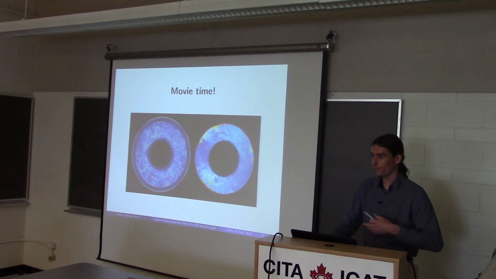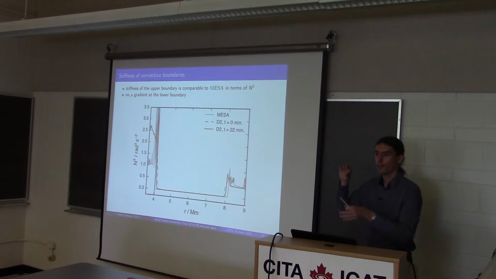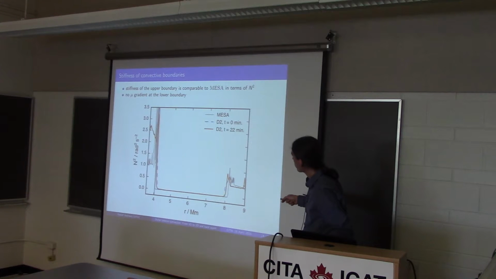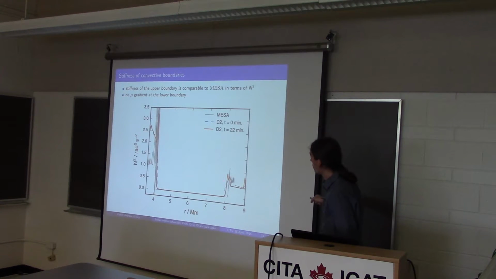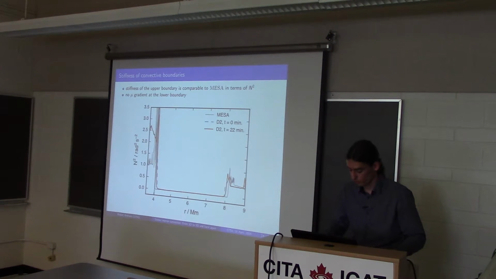You know that every time we run such a simulation, we have to apply some smoothing so that the boundary is resolved. This is the boundary stiffness in terms of the buoyancy frequency N squared as a function of radius. The convection zone is here, and the boundary we are interested in is this one. This thin gray line comes from MESA, and the other lines come from PPMstar. So we get very similar gradients and also absolute values of N squared. So we have about the right stiffness at this boundary.